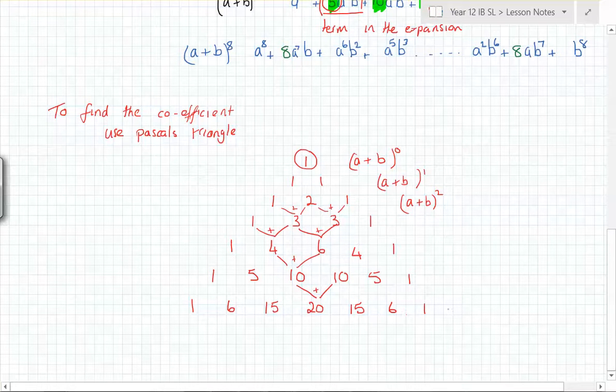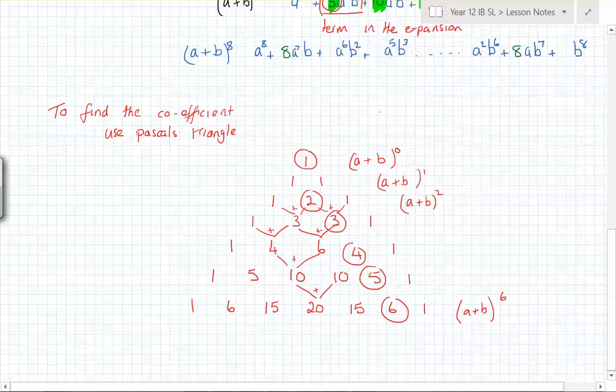So this line down here are all the coefficients for a plus b to the power of? Shouldn't need to count if you've spotted it. 6. Because of this number here. This is 5, 4, 3, 2, and you've got the line 1. There's always a 1 at the end.